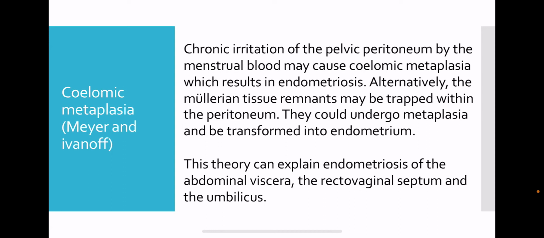This theory can explain the endometriosis of the abdominal viscera, the rectovaginal septum and the umbilicus. With coelomic metaplasia, three things can be justified: endometriosis of the abdominal viscera, rectovaginal septum and umbilicus.